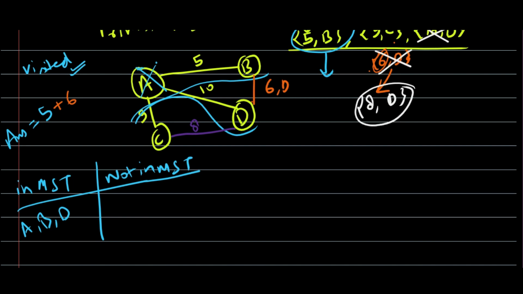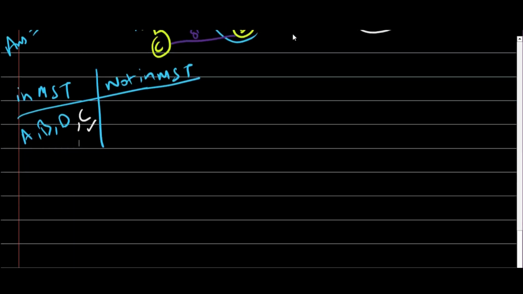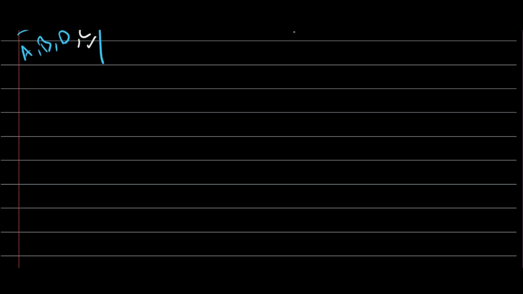For the next, we will have it added to our answer. And now 8 comma C, and C will also become a part of our MST.